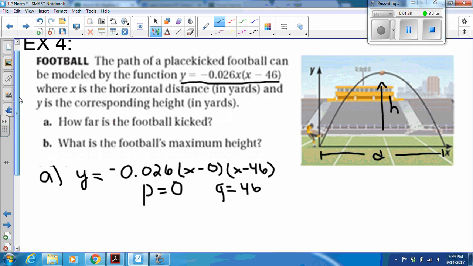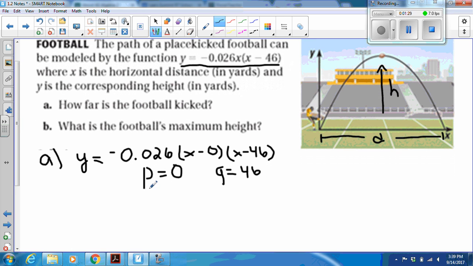Writing these in coordinate form, we have (0, 0) and (46, 0). So those are our x-intercepts. If we look here, we start right here at (0, 0), and then we go all the way over here, which is (46, 0).